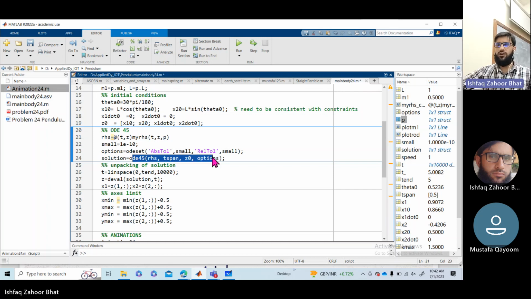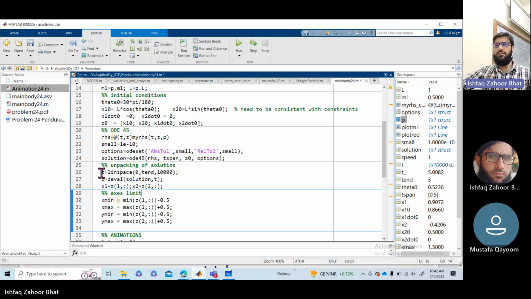Now what will this ODE 45 give? It will integrate this RHS, that is Z dot, and it will give you Z using these initial conditions. So the solution will contain the Z. Now we want this Z at some particular time instants only.